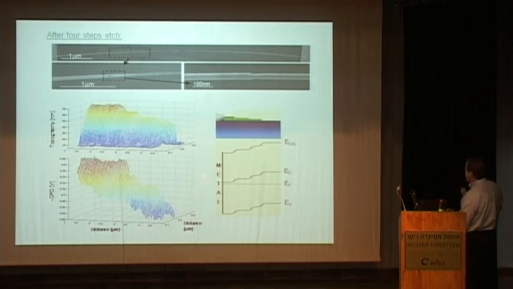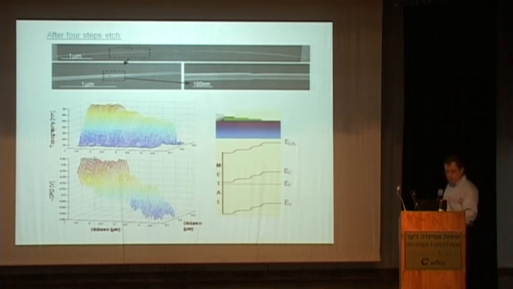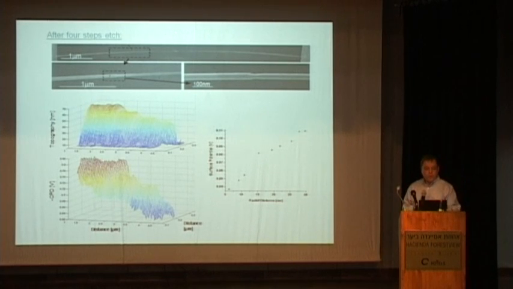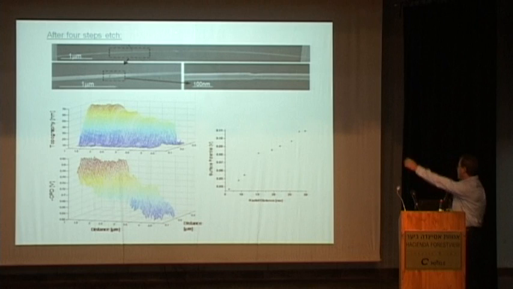By analysis, this will give you the dopant distribution. If we do the analysis that I will show you in a moment, this is not the dopant distribution yet, this is the surface potential. And now, from the surface potential, we have to solve the Poisson equation to get the dopant distribution.